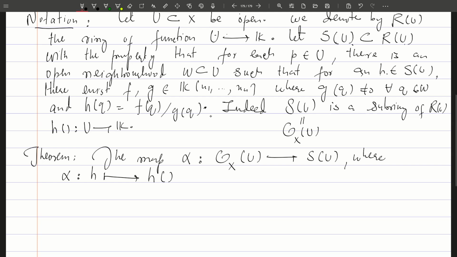It is easy to see that this alpha is a homomorphism. So all we need to prove is that it is actually a bijective map.